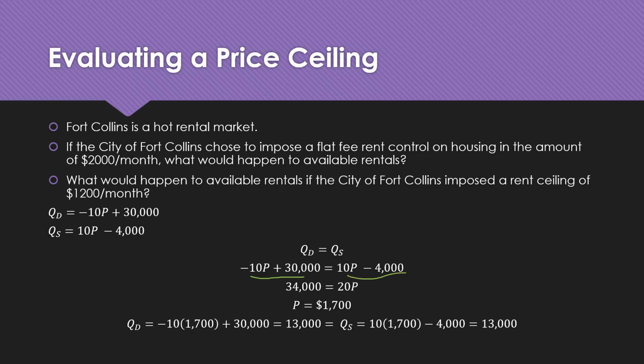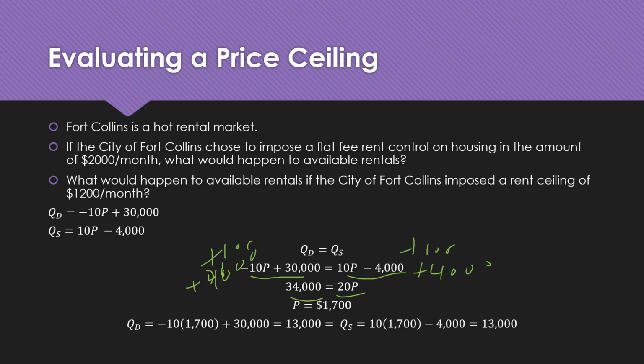So if we take the 10p and add it to the other side, and we take the 4,000, add it to each side, we end up with 34,000 = 20p. So if we divide 34,000 by 20, we end up with $1,700. So $1,700 is the market equilibrium rent in Fort Collins, Colorado.